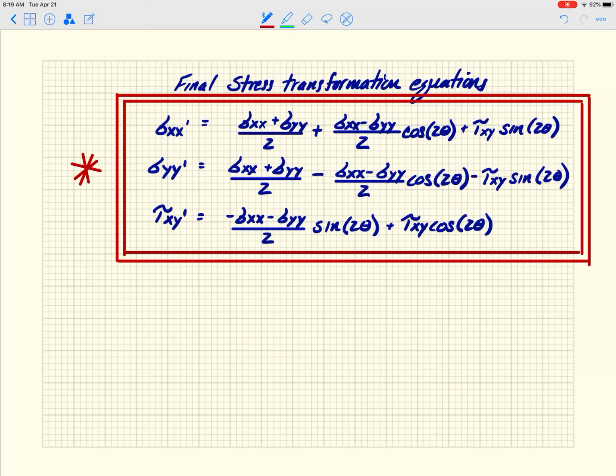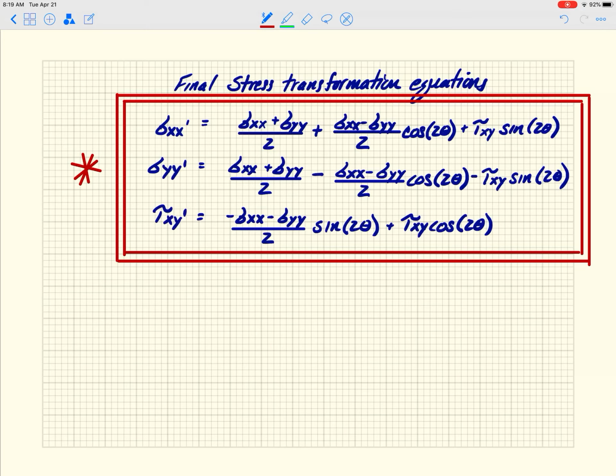And it's not just sine theta or cosine theta. It's both the area that the stress is acting on changing, and the direction of the force that is the component of the stress. So it's a little bit more complex than that. And so we end up with these stress transformation equations.